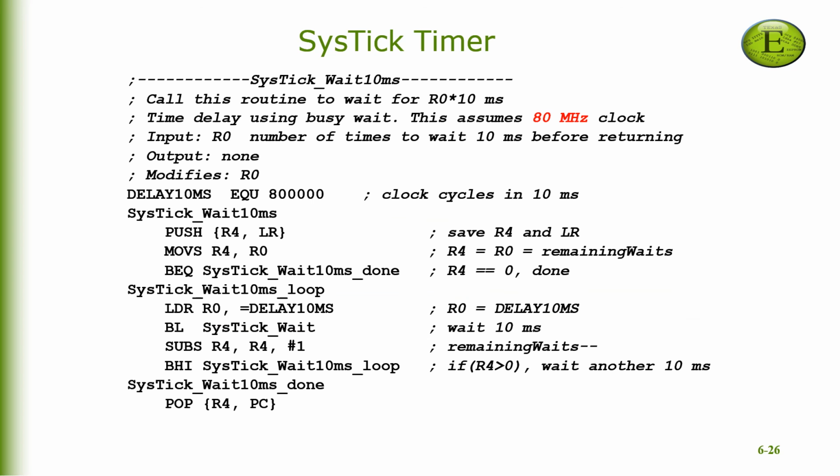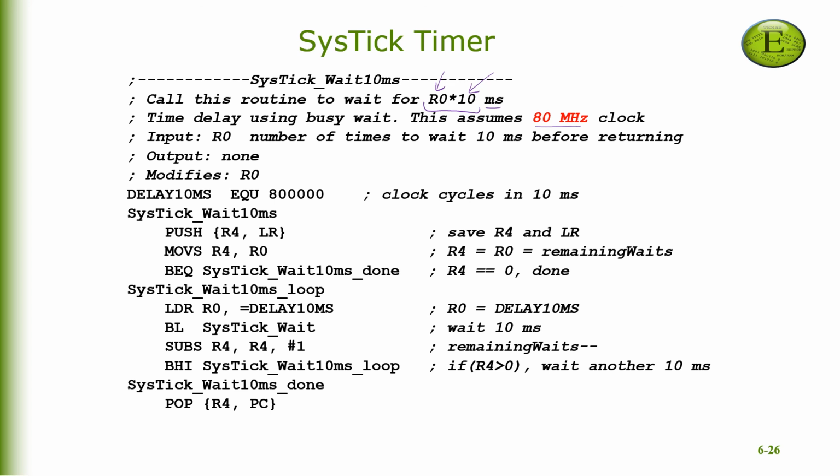Now let us look at a more complex example in which our delay is composed of two numbers. In fact, it is a product of two numbers, one coming from the register R0 and the other is a constant 10. The product of the two numbers times the millisecond, that is the total delay we are interested in introducing. And this example also assumes an 80 megahertz clock.